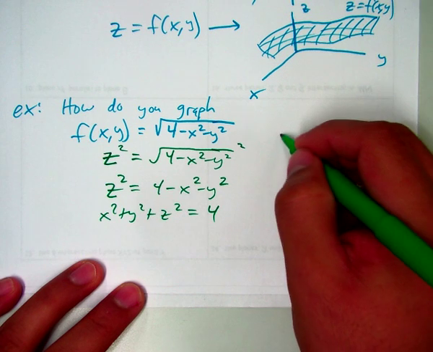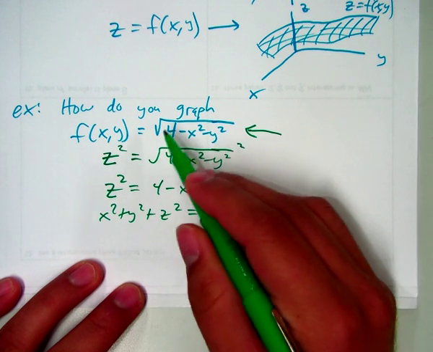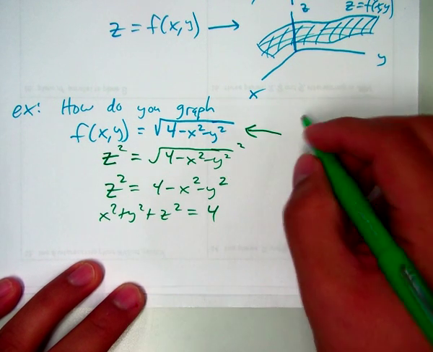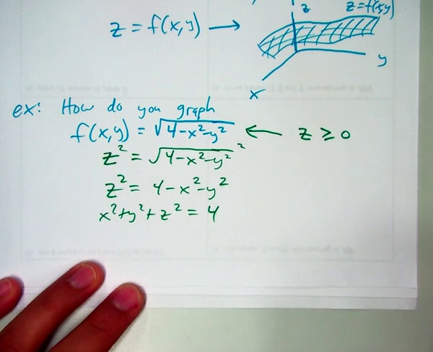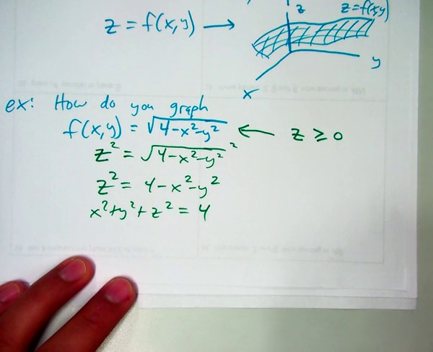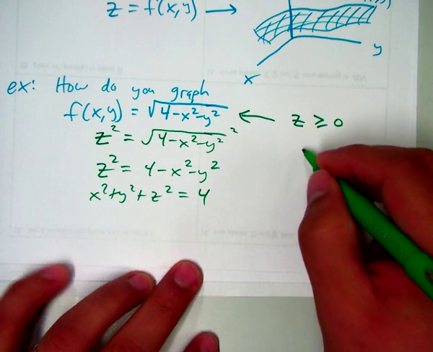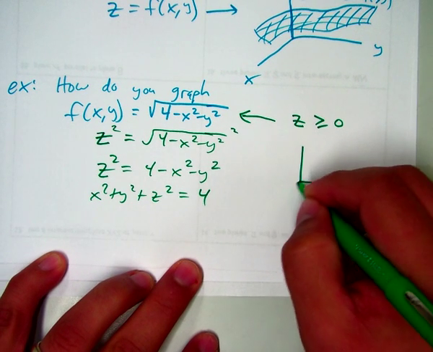However, this square root restricts z because it's always going to be greater or equal to 0, right? So the actual graph is just the top hemisphere of the sphere.